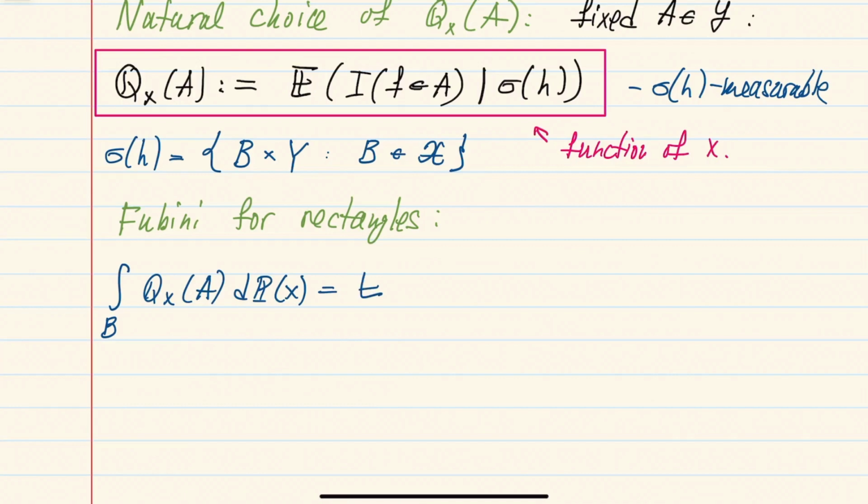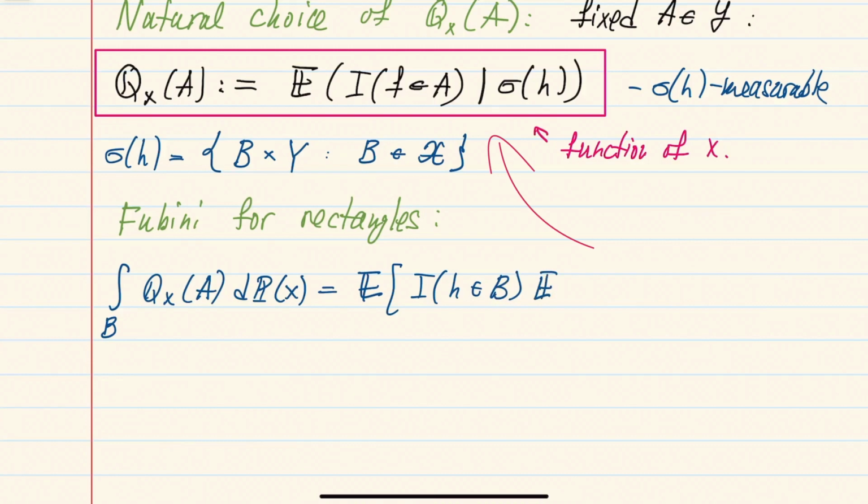So the fact that we are integrating over B just means that we should put indicator that the first coordinate H belongs to B times, so we defined this transition as this conditional expectation of the indicator that the second coordinate belongs to A given the sigma algebra generated by the first coordinate.